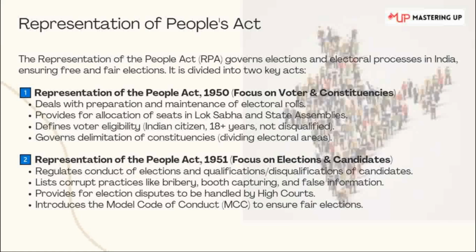Let us look at the Representation of the People Act. The Representation of the People Act governs elections and the electoral process in India, ensuring free and fair elections. It is divided into two key acts. The first, the Representation of the People Act 1950, focuses on voters and constituencies.